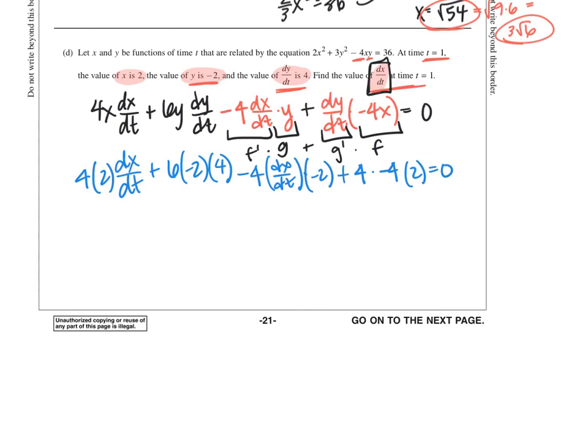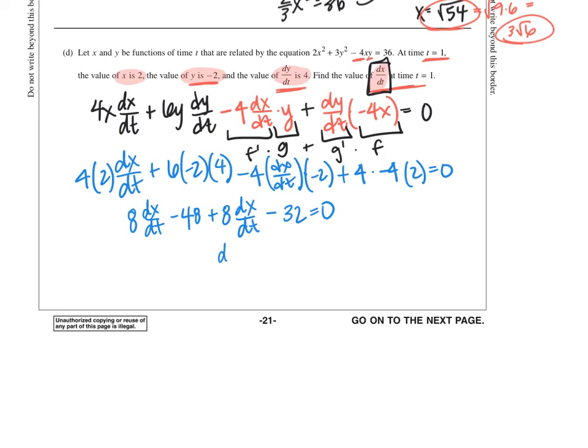Wow. All right. Let's simplify and get dx dt by itself. We've got 8 dx dt minus, let's see, 12 times 4 is 48, plus 8 dx dt, minus 4 times 4 is 16, times 2 is 32. I'm going to keep my dx dt's on one side.